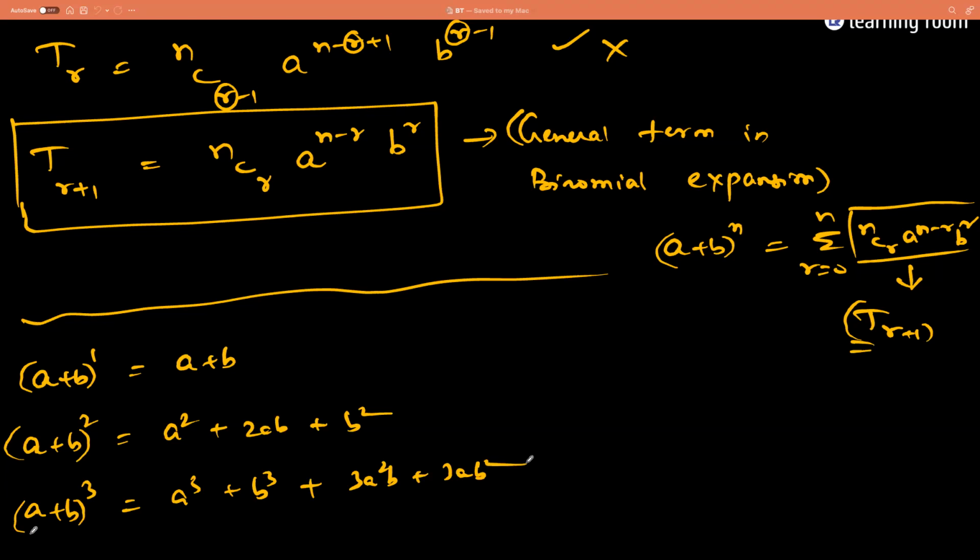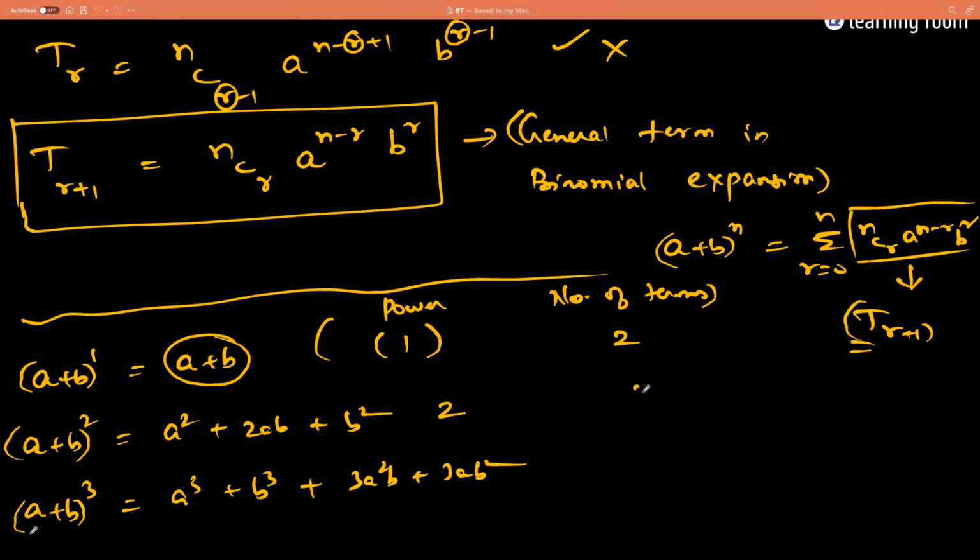Now if I prepare a tabular column, power and number of terms: if the power of the binomial expression is 1, what are the number of terms present? 2. If the power is 2, the number of terms is 3. If the power is 3, the number of terms present is 4.